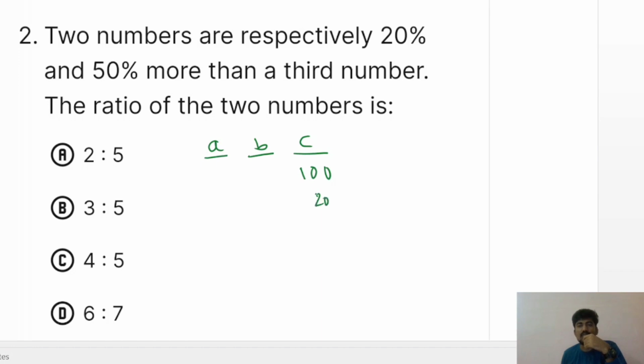So 20 more than 100, A will be 120. The second number B is 50% more than the third number, so 150 will be B. So we have to find out the ratio between these two numbers. 0 and 0 get cancelled, 3 fours, 3 fives. So the ratio between these two numbers will be 4:5.